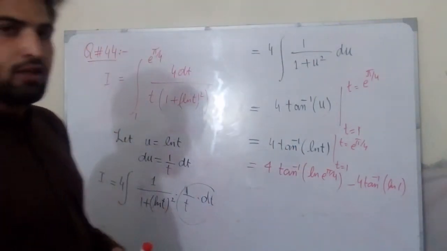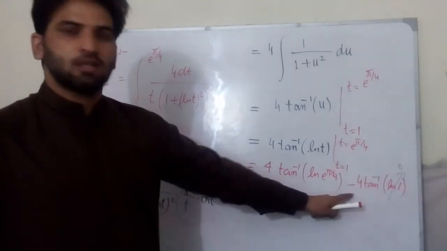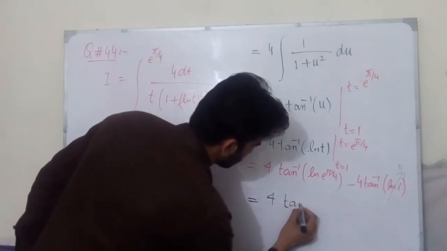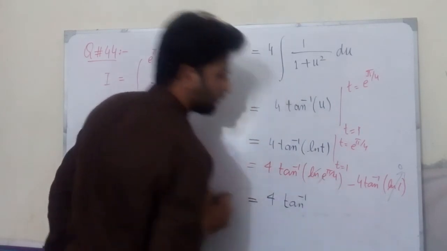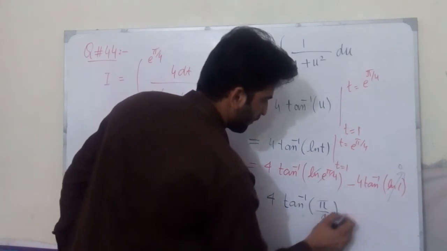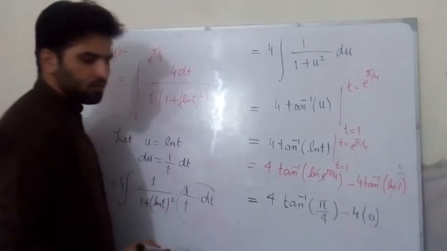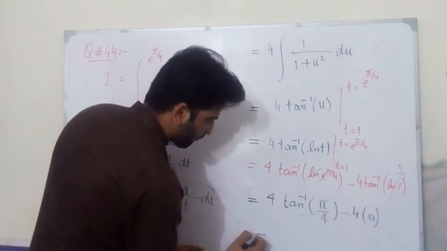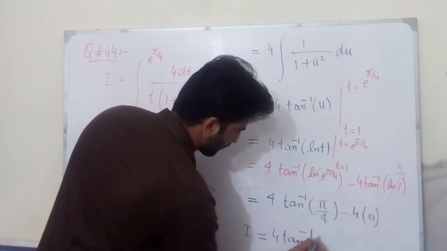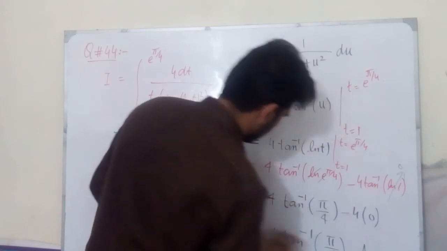Natural log of 1 is 0 and tangent inverse 0 is also 0. So this will be 4 tangent inverse, the natural log cancels out, pi by 4, minus 4 into tangent inverse of 0, which is 0. So this will be equal to 4 tangent inverse of pi by 4. This is our answer.